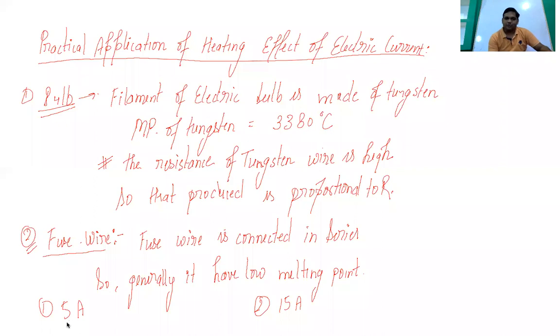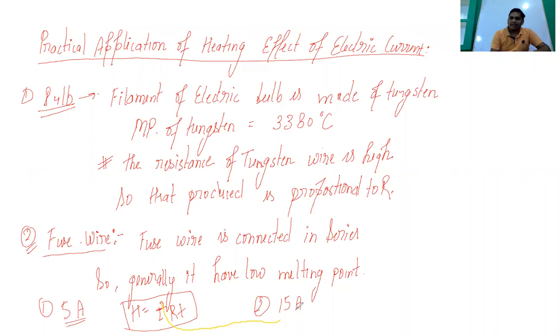If you are willing to calculate the heat here, H is equal to I square R into T. If the current is 5 ampere and the melting point of tin is low, the fuse should be such that if current exceeds 5 ampere, it melts out.